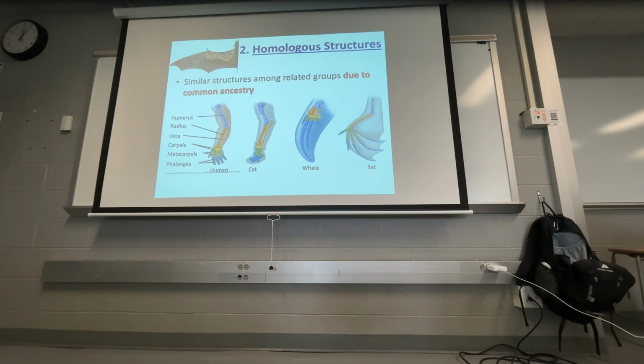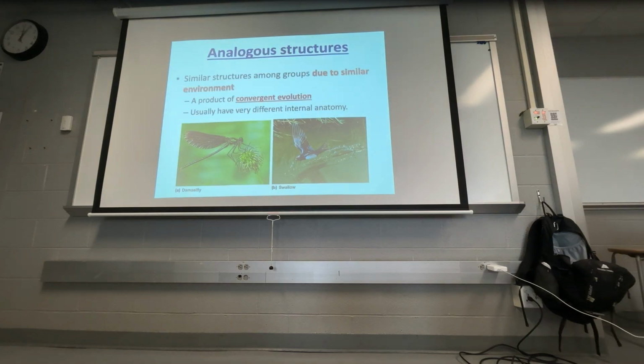Now, the big problem with this is sometimes structures look alike and even perform the same function, but the two organisms don't share close common ancestry. These are examples of analogous structures. So we'll just think analogous structures equal this type of evolution, which is called convergent evolution.